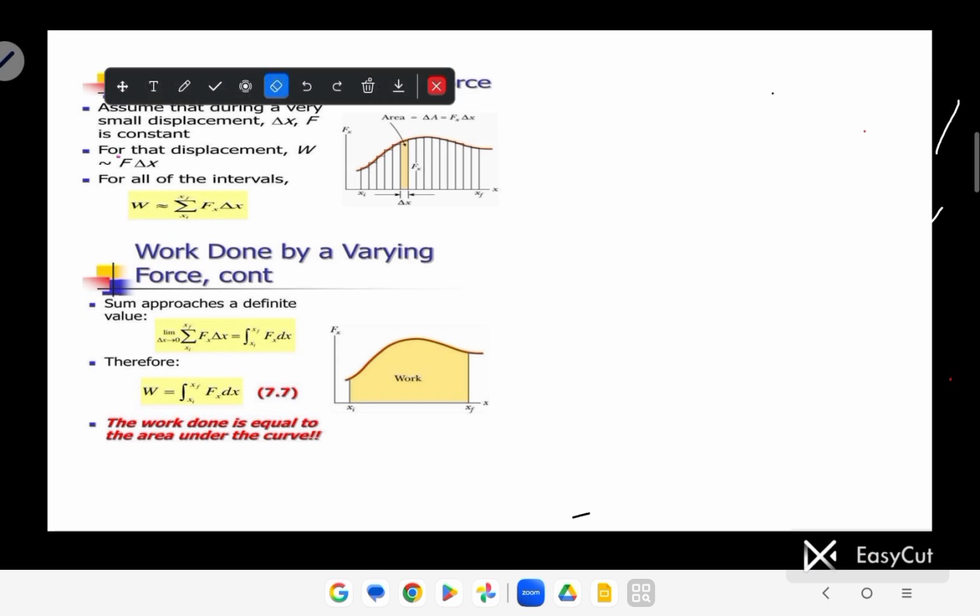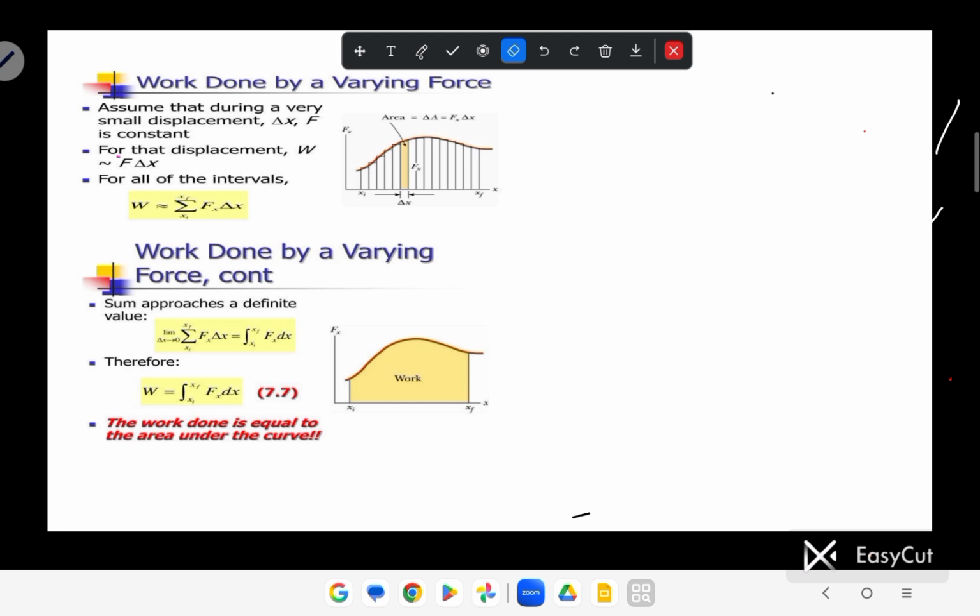Here is the work done by variable forces, or varying forces. Let's talk about this also. Earlier, whatever we have talked about and understood was all about constant forces. Here we are going to talk about the work done by variable forces.